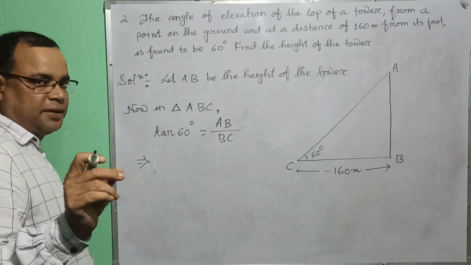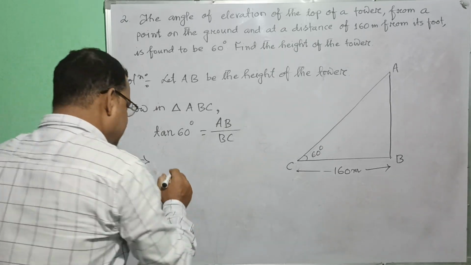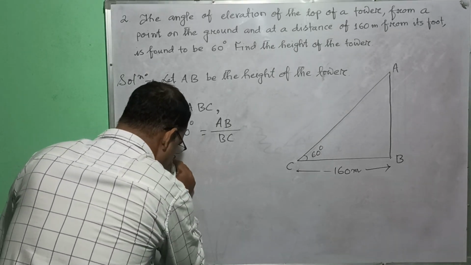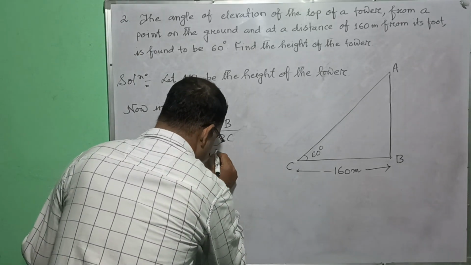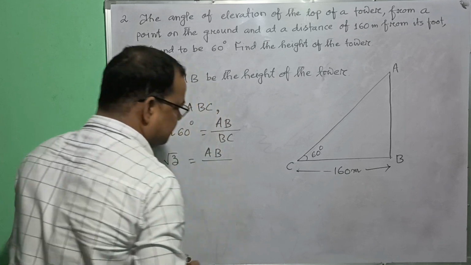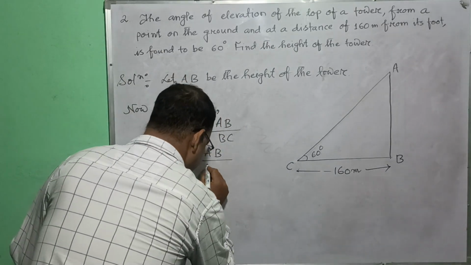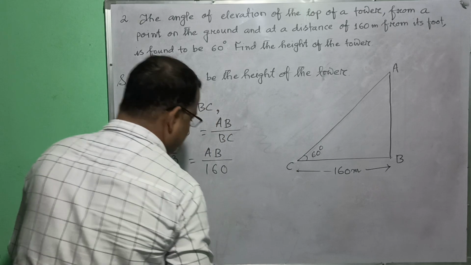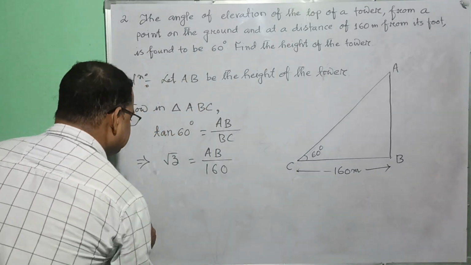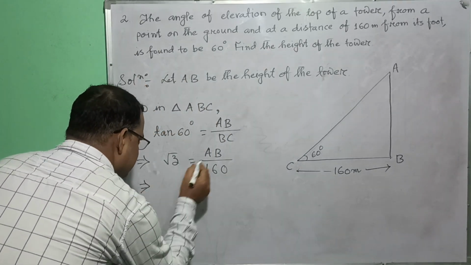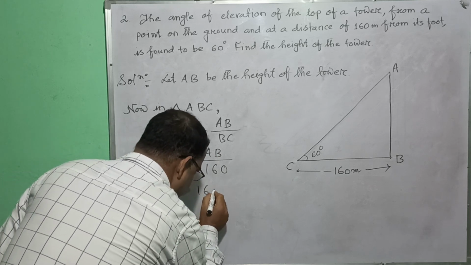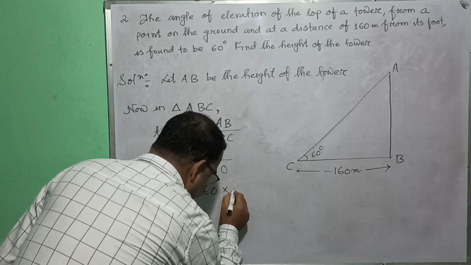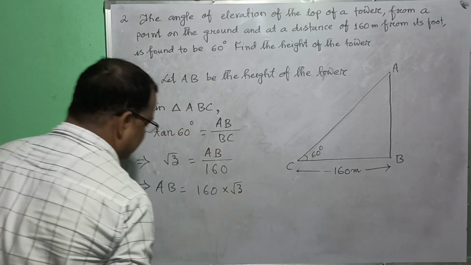What is the value of tan 60 degree? We know that it is root 3. So we can put root 3 equal AB by BC, and the length of BC is given. So it is 160. So we can write 160. This implies AB equal to 160 into root 3.